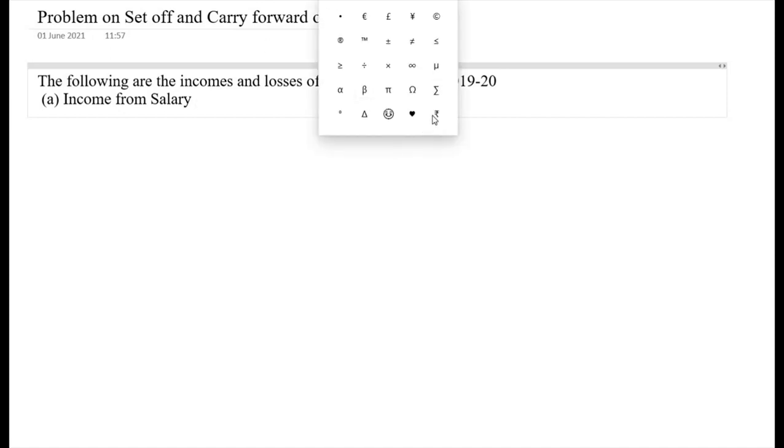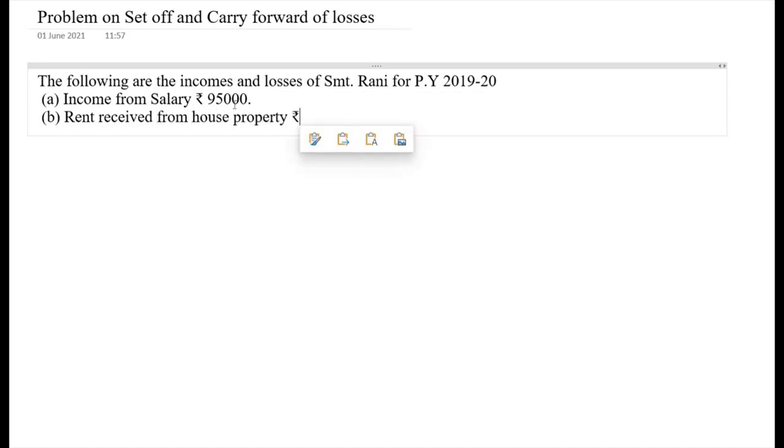Income from salary, rupees 95,000. Rent received from house property, rupees 15,000.